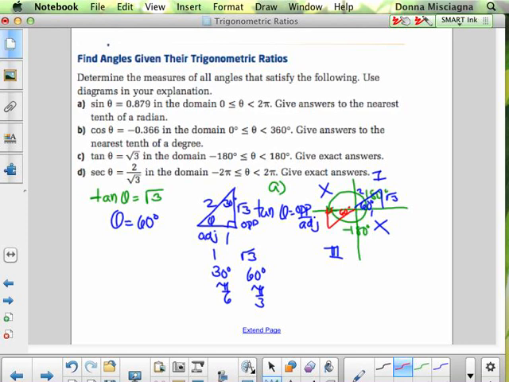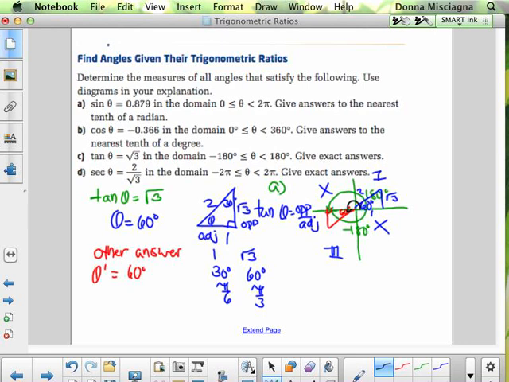So for our other answer, our reference angle is 60 degrees. We need to figure out how much that angle is. So the 60 degrees goes back to the x-axis. And actually, excuse me, can I go that direction?